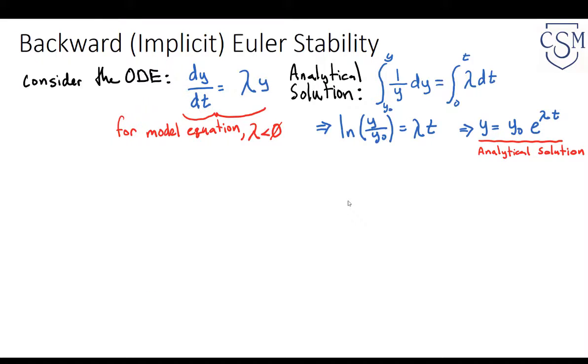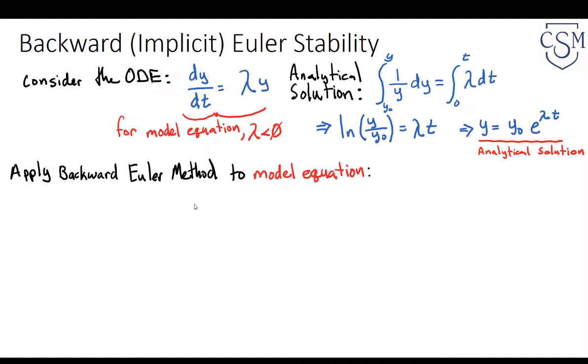In order to understand the stability of the backward Euler method, we can apply it to our model equation, which we have our analytical solution for. Using the method we just developed, we can say that y of ti plus 1 is equal to y of ti plus delta t lambda y of ti plus 1, where lambda y of ti plus 1 is just this f of y right here.